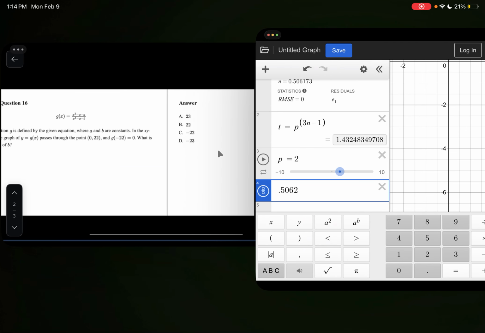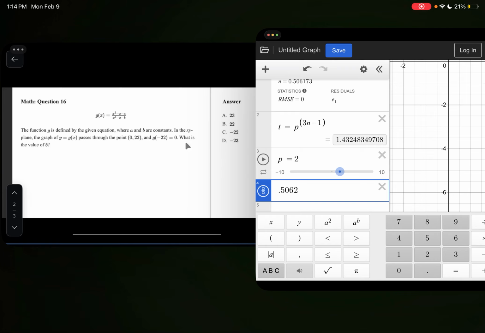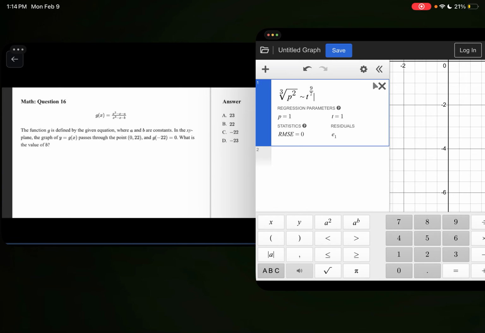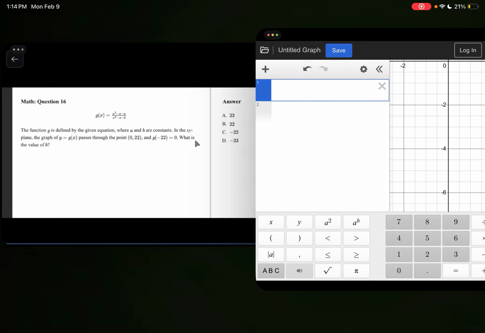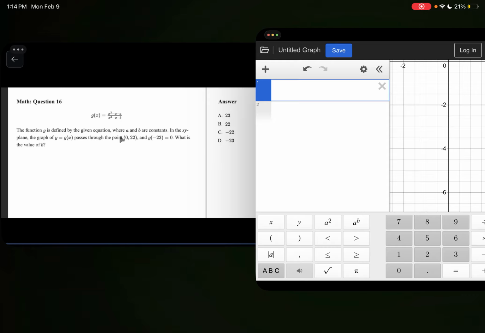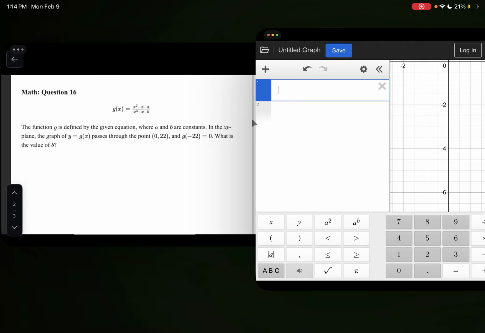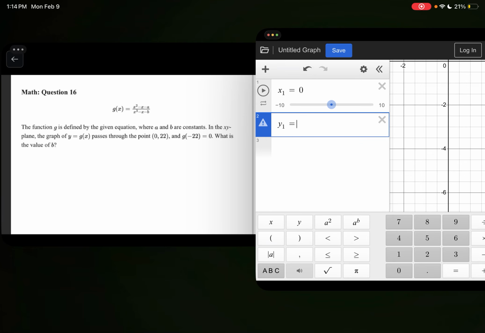And now this problem, okay, this problem is pretty tricky. It seems tricky, but this is actually just a system of equations, if you think about it. So it's actually not even that bad. Right here, we can put x1 equal to 0, and y1 equal to 22 for this first point.